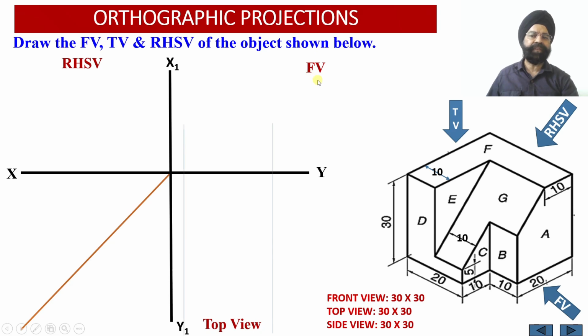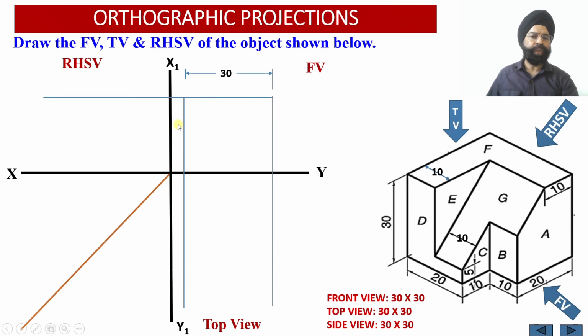So let us start evaluating the front view. We know that the width of the solid happens to be 30 millimeter, right? So this is the width of the solid, and we have marked this width equal to 30 millimeter. These projection lines corresponding to the width we have also carried forward, or extended, onto the top view, because we are going to require this dimension of width even in the top view.